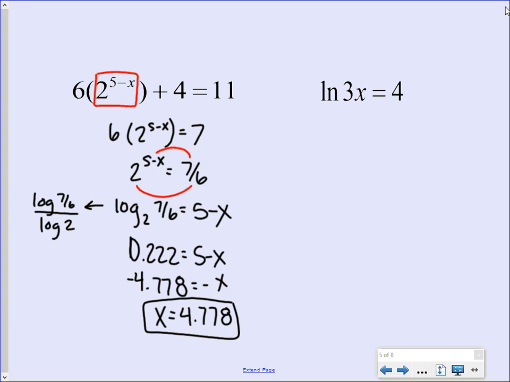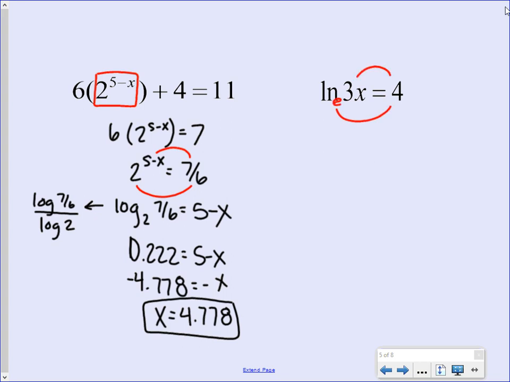There's only one log in the whole equation, so I'm not going to use my one-to-one property or condensing. You tell me the first step is? Yeah, rewrite it. This one doesn't have any kind of solving in reverse PEMDAS that I can do to get started. The log base e of 3x is all by itself, so I'm going to go ahead and rewrite it.